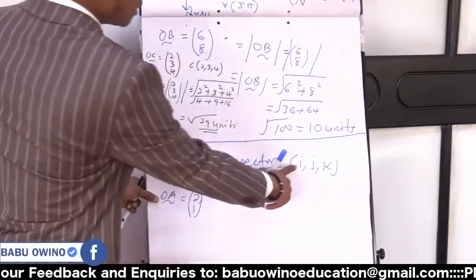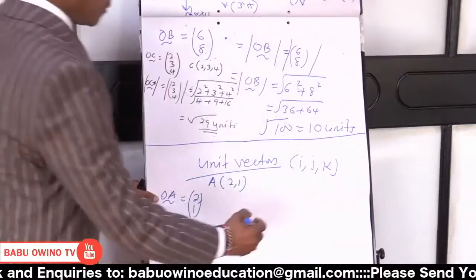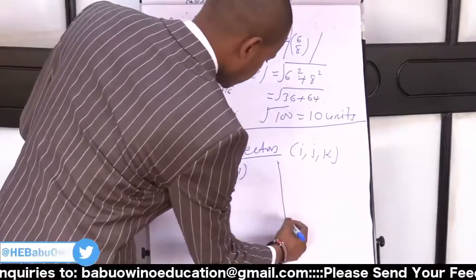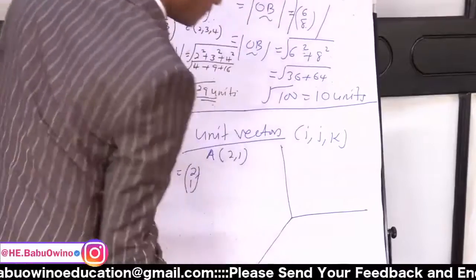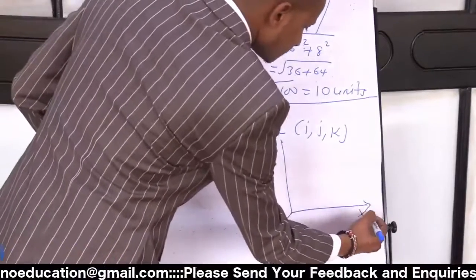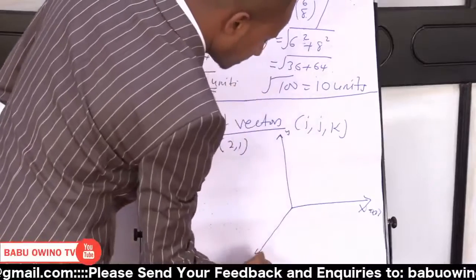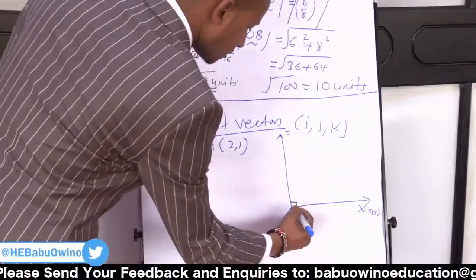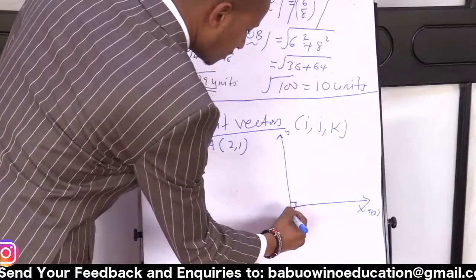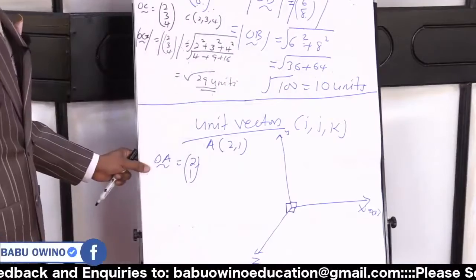So when you are writing in the form of i, j, and k, from our Cartesian plane, this is the x-axis, this is the y-axis, and this is the z-axis. At this point is a right angle, and at this point is also a right angle.